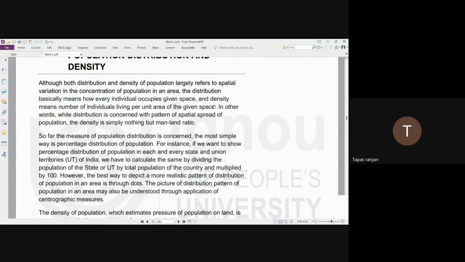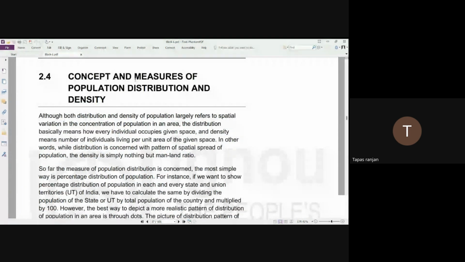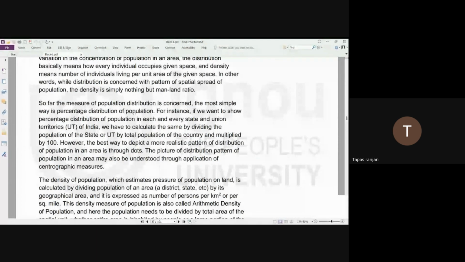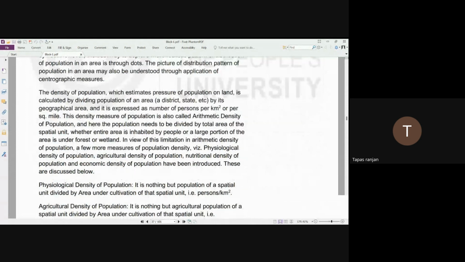But there are other concepts. There are other density measures that we take into account to understand, let's suppose, agriculture and the pressure on land. All these can be studied through different measures. In general terms, we use the arithmetic density.